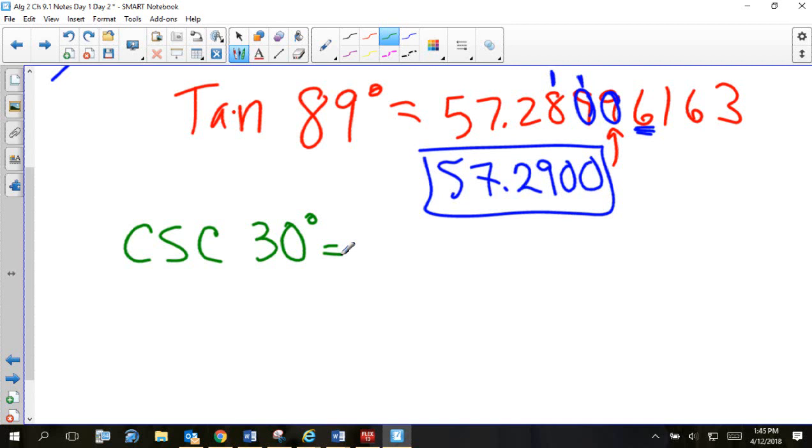And there isn't a cosecant button. If you try to type in cosecant, or you try to type in the -1, it gives you an error, because that's not how you do that.